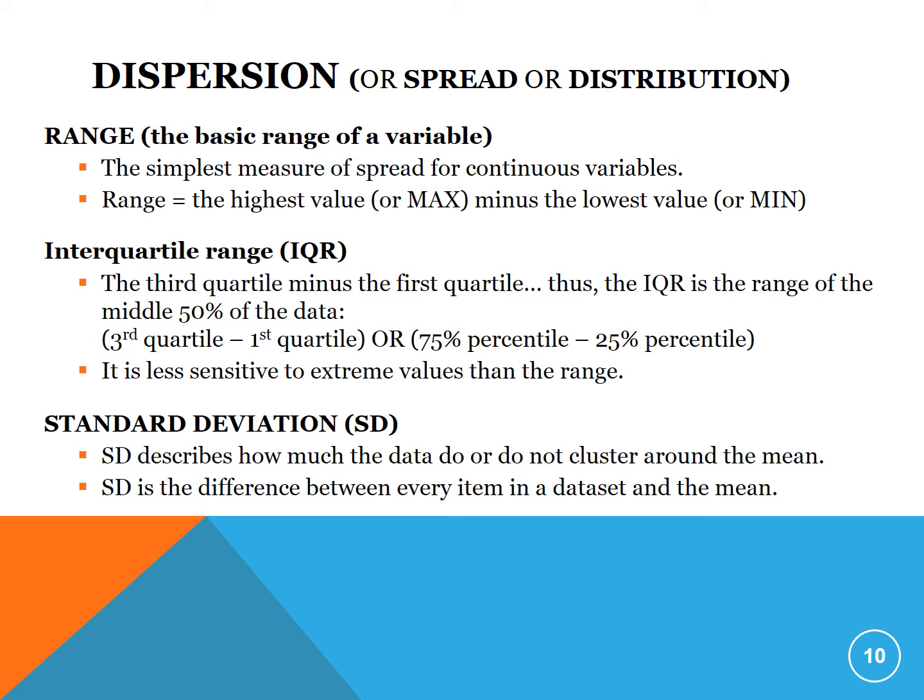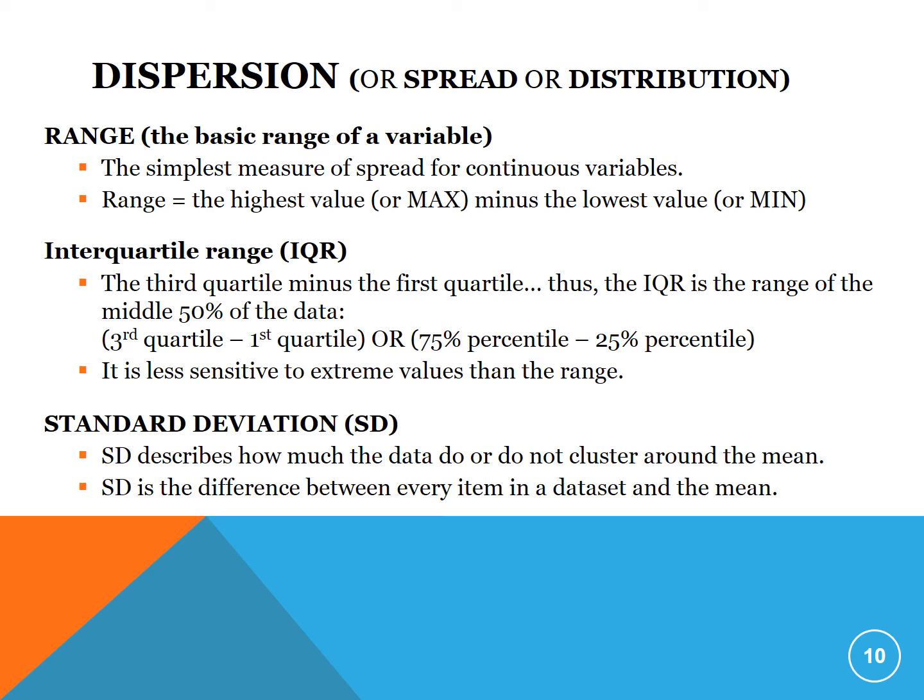Not just in some cases we are calculating, but in all cases, whether we calculate or not, we must know what that number means. Okay, so the standard deviation describes how much the data do or do not cluster around the mean. So for the range, we deal with the max and the min. For the interquartile range, we deal with the middle, the median.